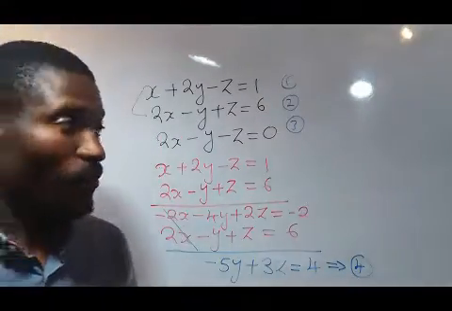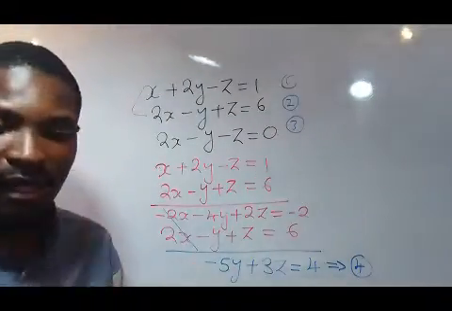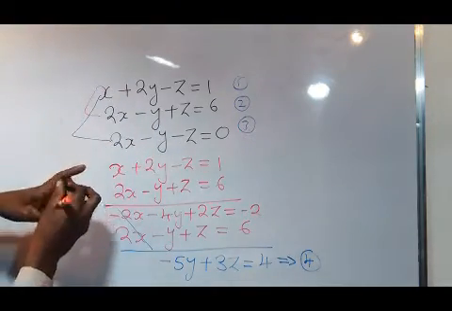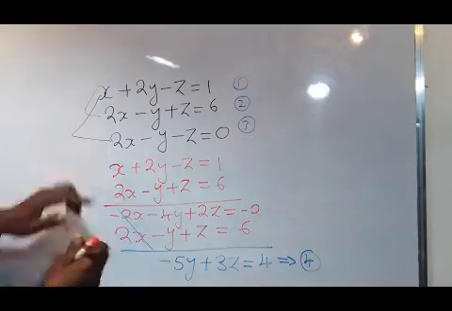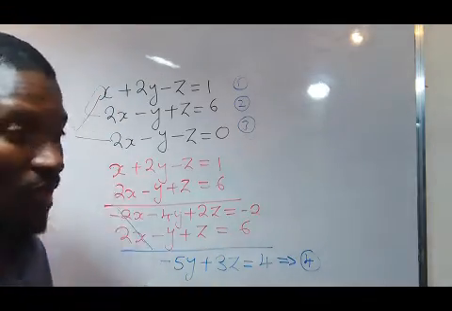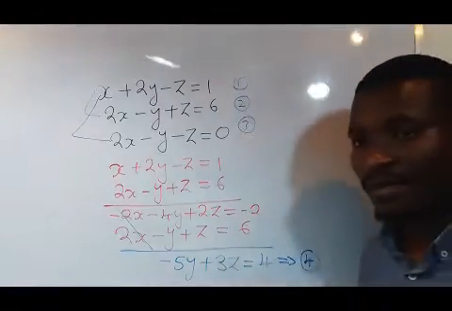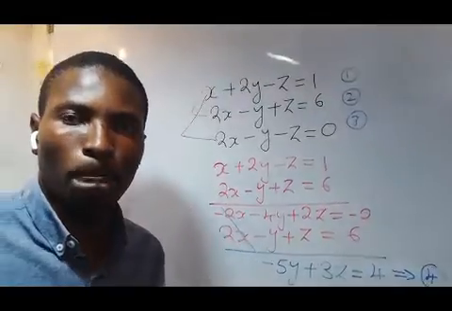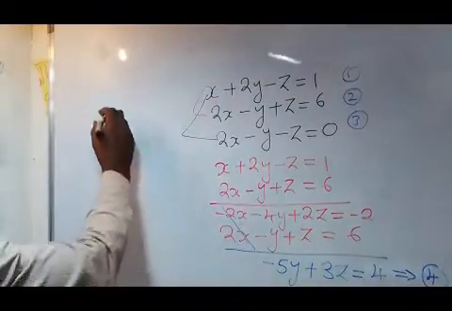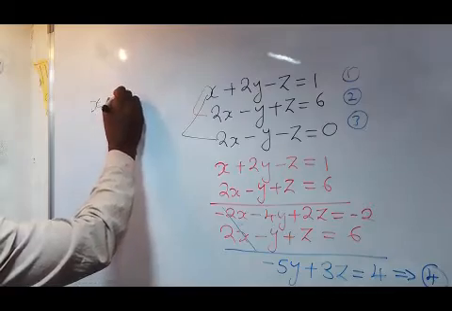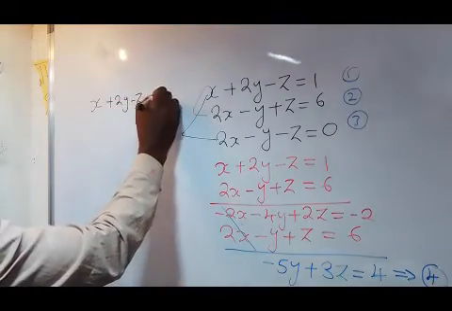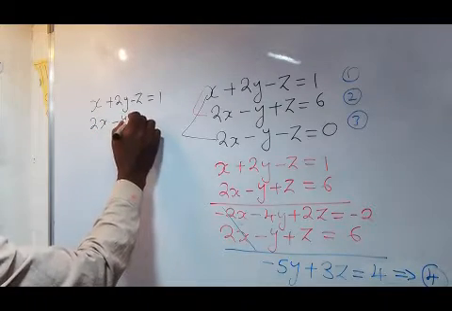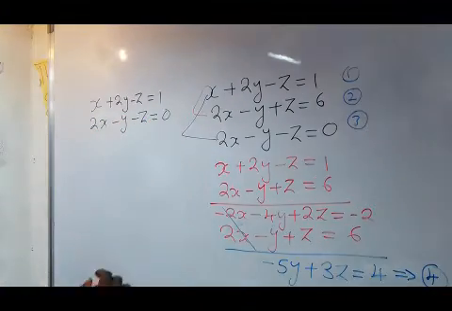And then from now, what I'm going to do is go back there. This first equation, I also try to capture the first one and then the third one. So I'm going to do the same thing. Let me just use the other one. So this one, x plus 2y minus z equals 1, and then this one, 2x minus y minus z equals 0.